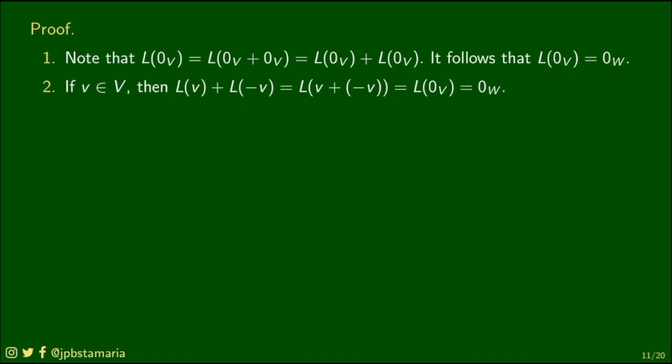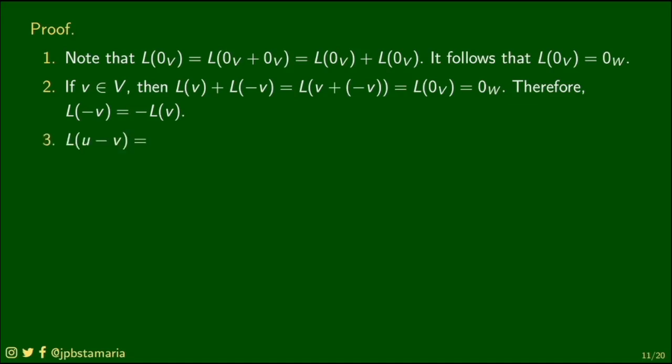When added together, they give us the 0 in W. Therefore, they are negatives of each other. In particular, L of minus V is going to be the negative of L of V.